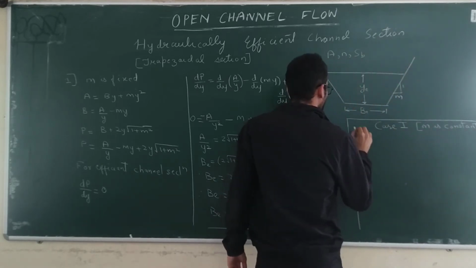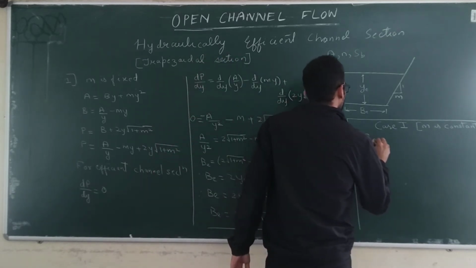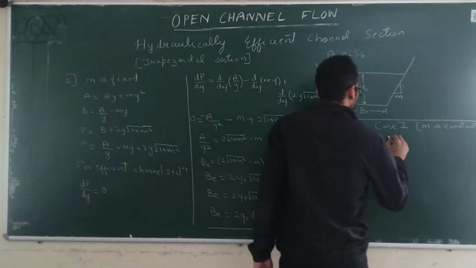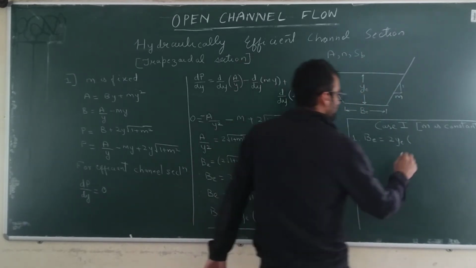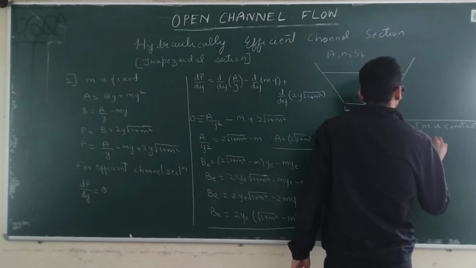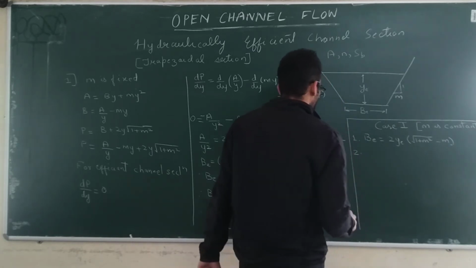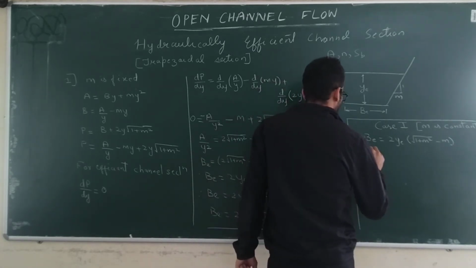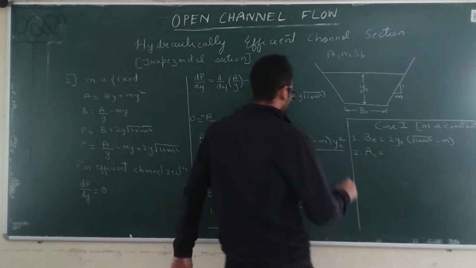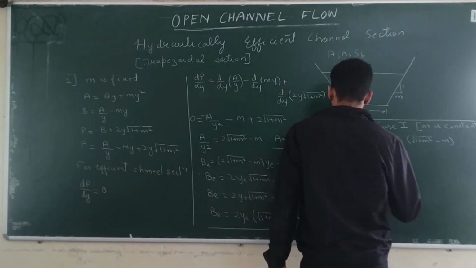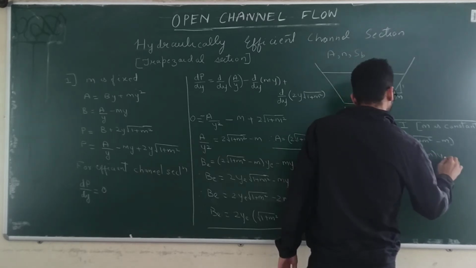So first is your base width BE, which should be equal to twice YE under root of 1 plus m square minus m, whole bracket closed. Second, let's write area. AE will be equal to twice under root 1 plus m square minus m into ye square.